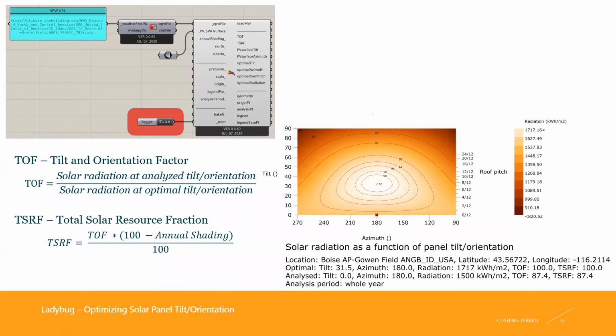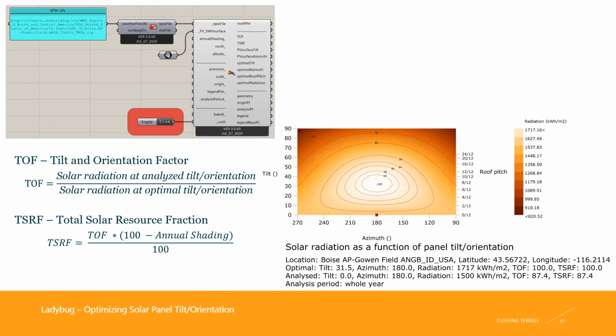So if you just laid a solar panel flat, it's going to get 87% of the maximum amount of radiation it would get at that location. You can use this chart to figure out maybe how you'd want to orient a solar panel and figure out exactly how much radiation it could get. It'll also calculate total solar resource fraction.